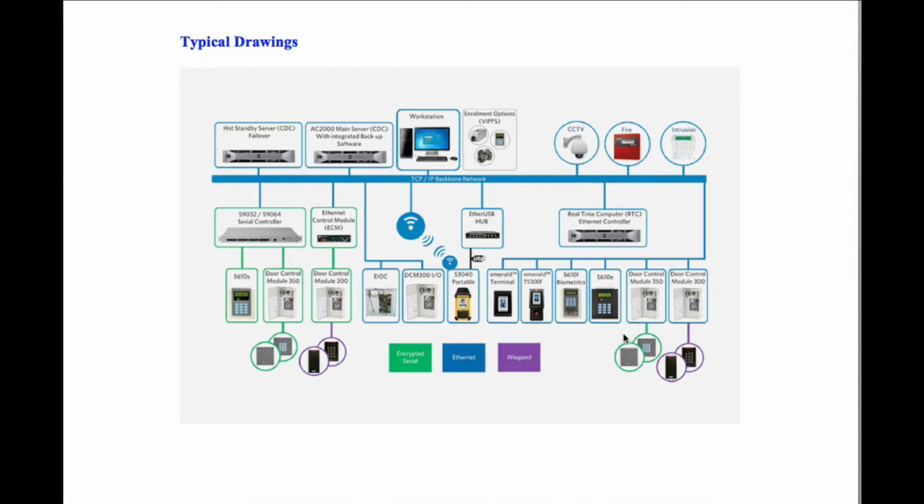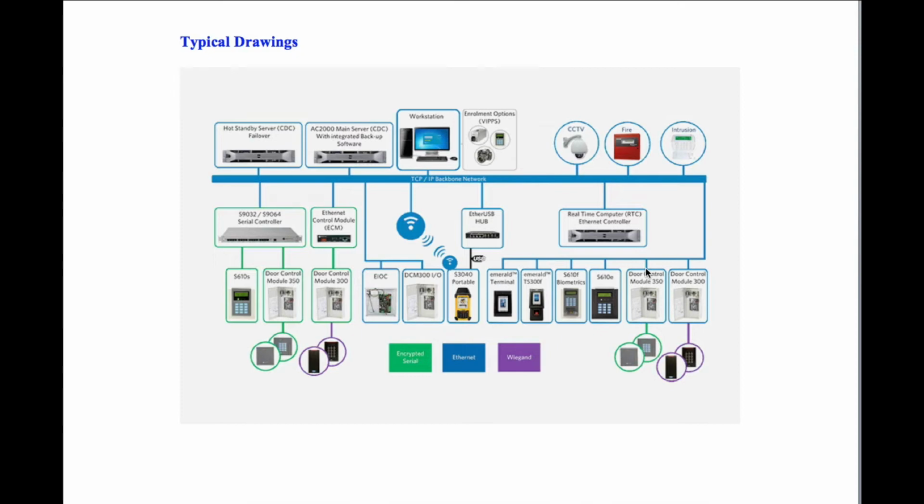Now that access control person will typically be responsible for this part of the cabling down here. And there may be an interface point located close to, adjacent to, or inside of this control module box that could be provided by your Cat6 cabling contractor. It all depends on how it's tendered.